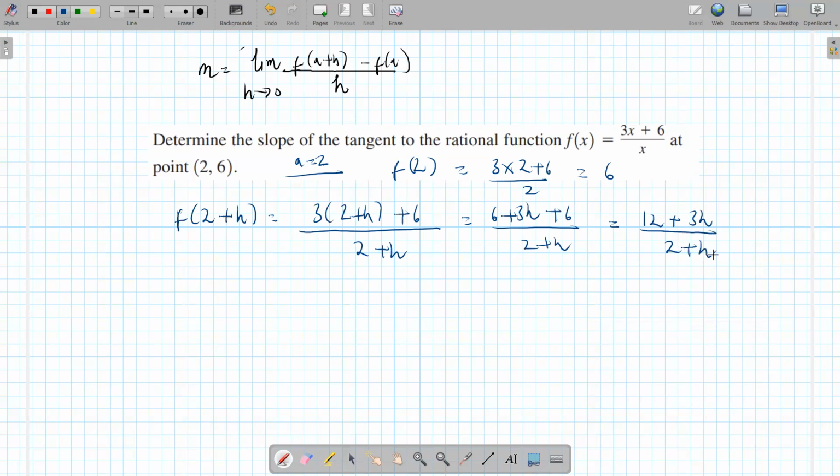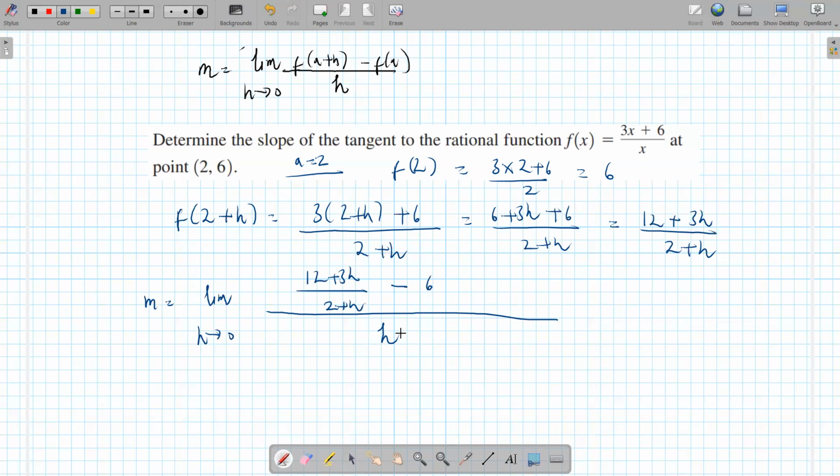Now we're just going to follow that formula. The slope is the limit as h approaches 0 of f of a plus h, which is a fraction, minus f of a, which was 6, all over h. So right now the h's are not canceling out. What do we do?